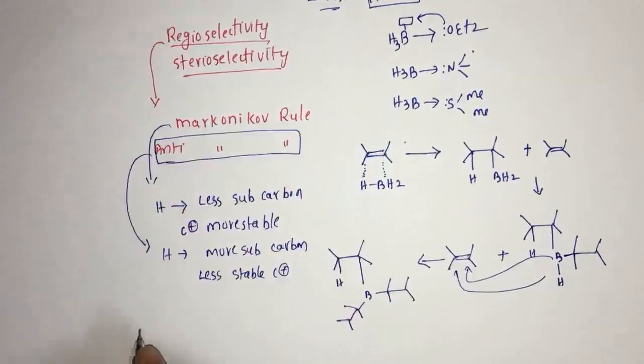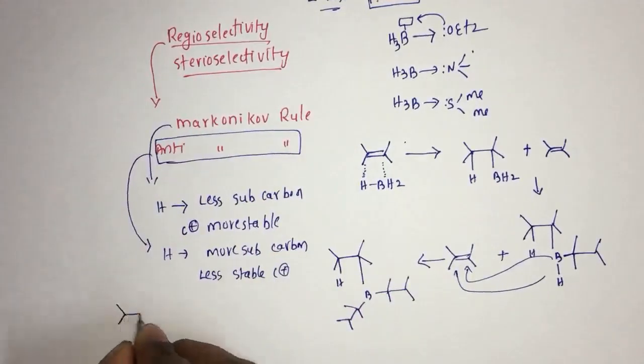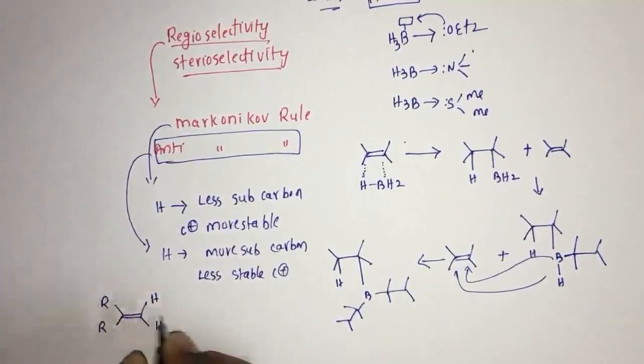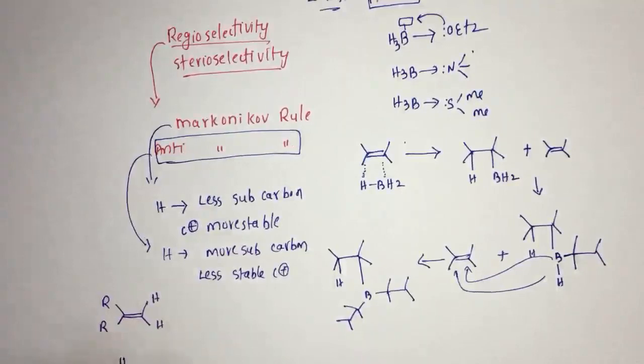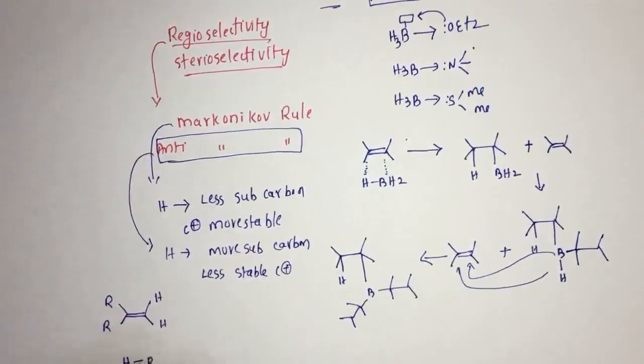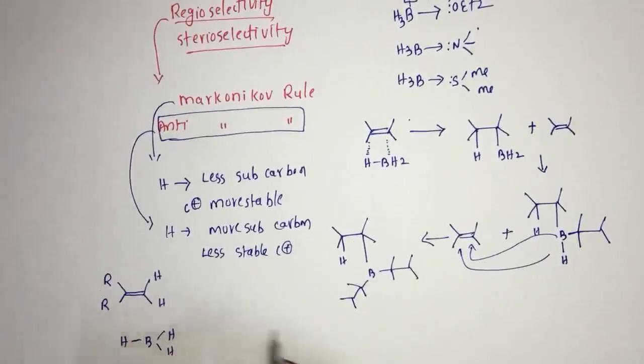When we have an unsymmetrical alkene, like here 2 hydrogens and here 2 alkyl groups, with BH3, according to the anti-Markovnikov rule hydrogen has to attack the more substituted carbon.